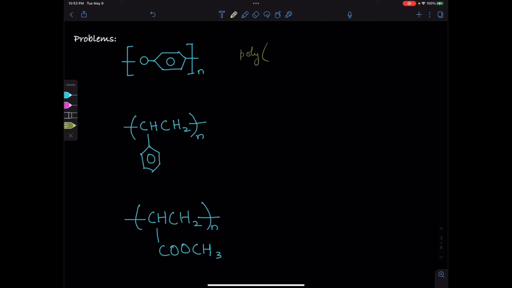Should be the oxygen atom, because heteroatoms in the polymer chain get precedence. So it will be oxy. And how will the numbering be? It will be 1, 2, 3, 4. So polyoxy 1, 4 phenylene.